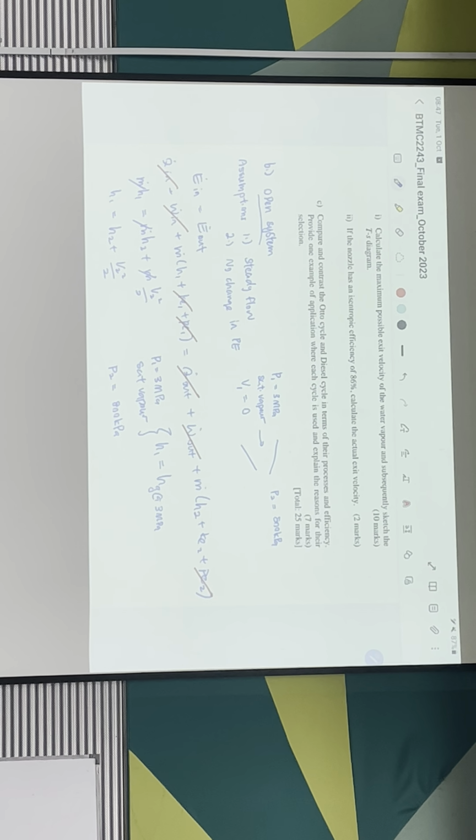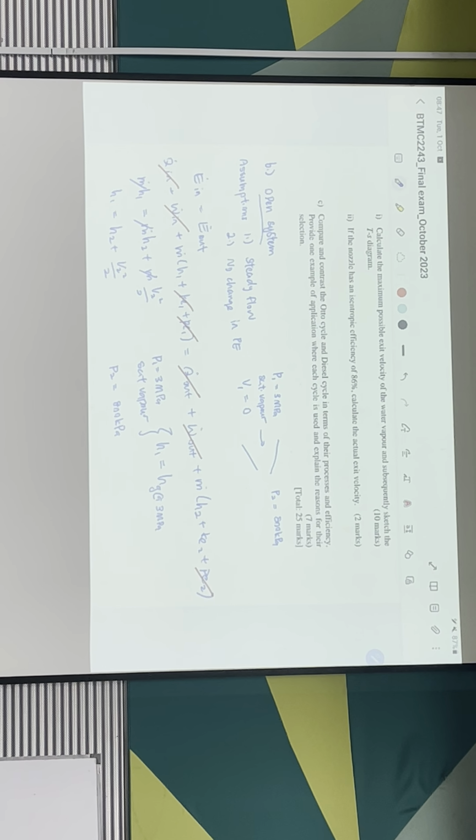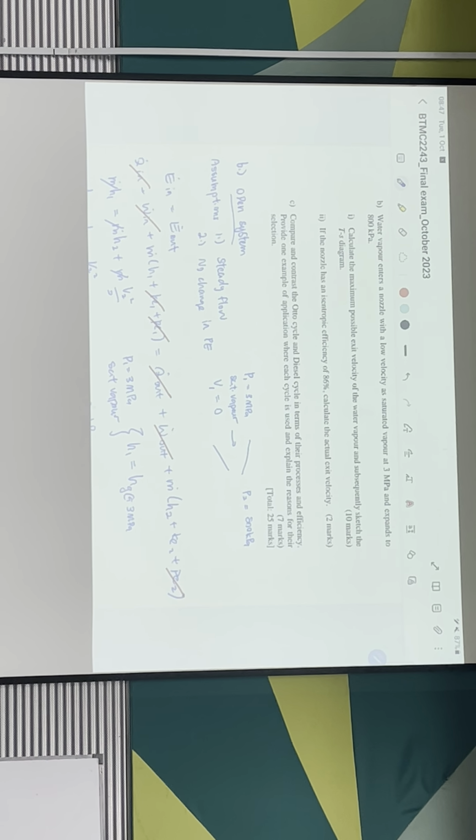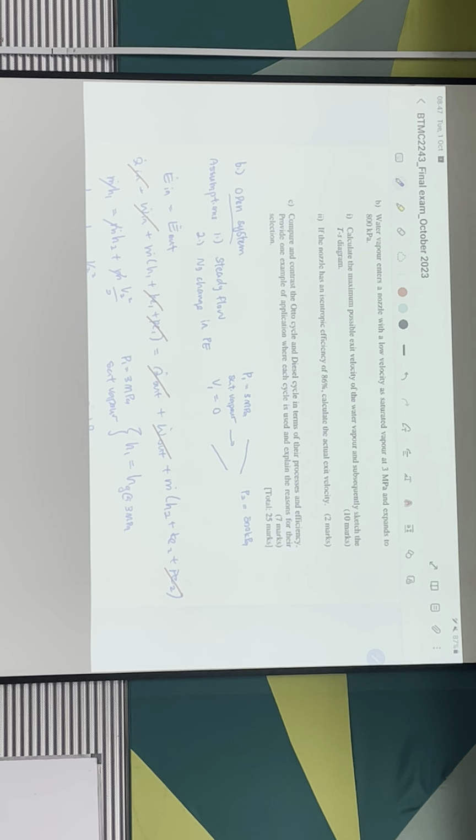The nozzle should be one with 100% efficiency, if you think about it. If you don't get it, look at part 2. Part 2 says if the nozzle has an isentropic efficiency of 86%, calculate the actual exit velocity. Does that give you an idea on what you need to do in A?